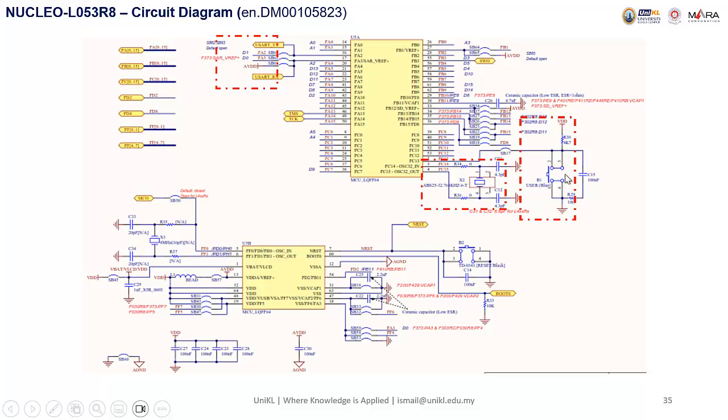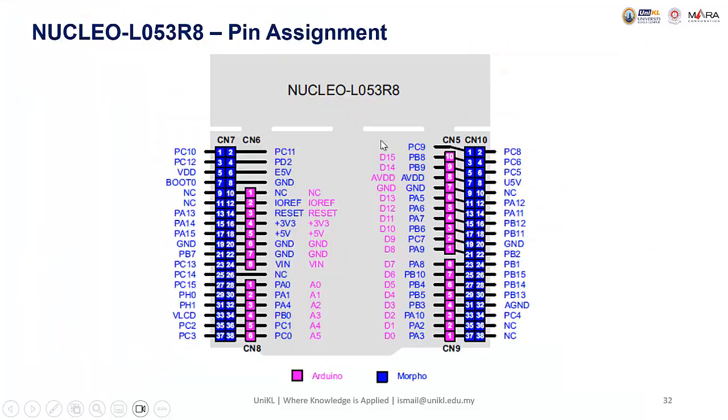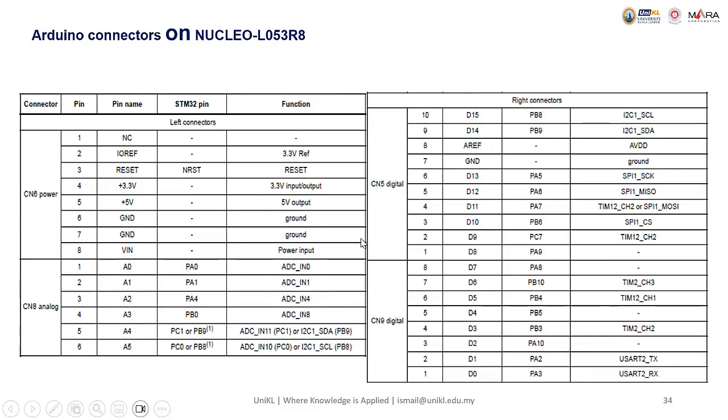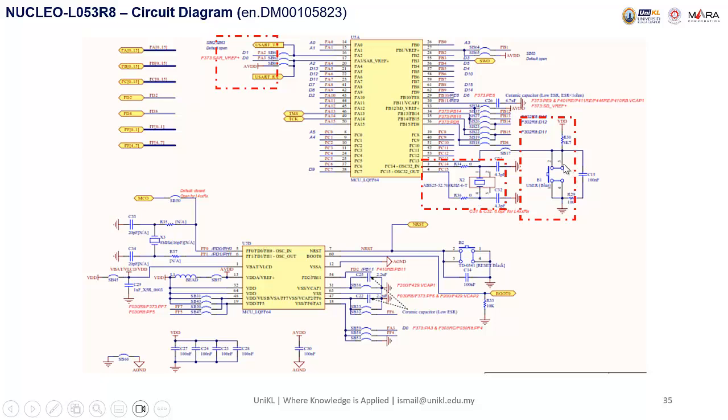From here we can see that we have a blue button and a black button, and then we have an LED, a green LED. So we have a green LED and a blue button for the user. This blue button is active low, and it comes with a noise filter, an RC filter, for the bounce.